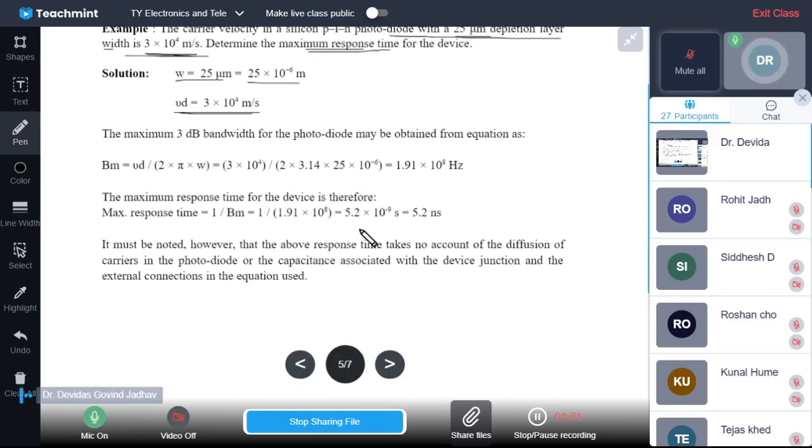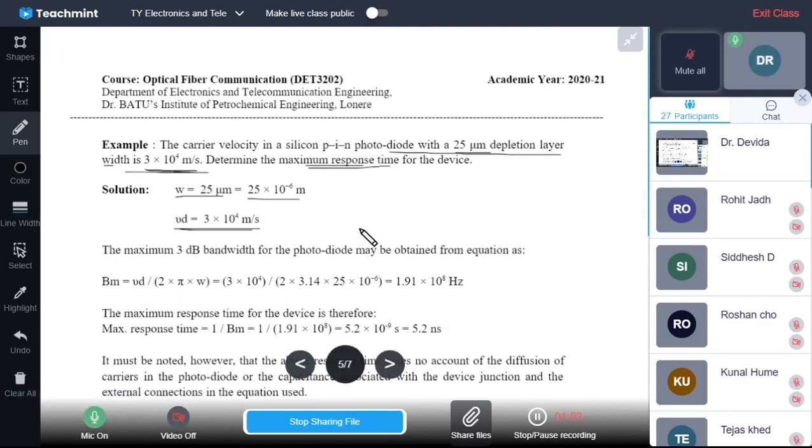Maximum response time. Maximum response time is one upon Bm, and Bm is the 3 dB bandwidth. So maximum response time you can find out with the help of Bm.